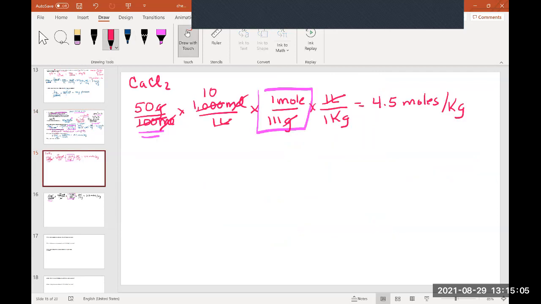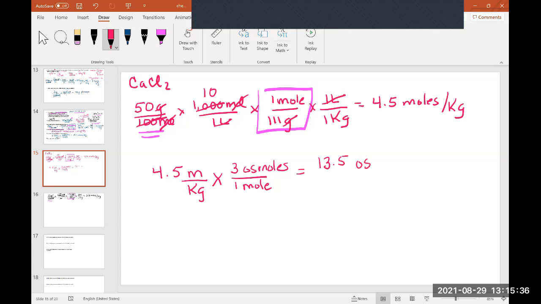What about for calcium chloride? We again take its molality and multiply by its dissociation factor. For every 1 mole, we have 3 osmoles, because calcium chloride breaks down into calcium and 2 individual chloride ions. And this means we now have 13.5 osmolal, meaning osmoles per kilogram of solvent.